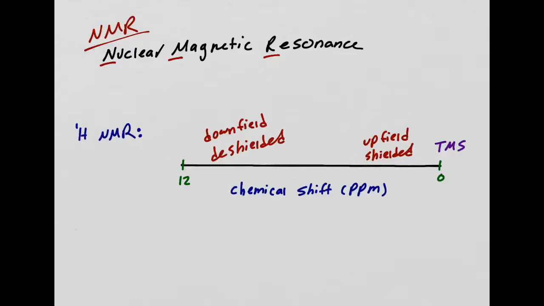I want you to keep that in mind as I'm doing practice problems and going over NMR. Alright, so the first thing you are going to do when you look at an NMR, number one, is look at chemical shifts.